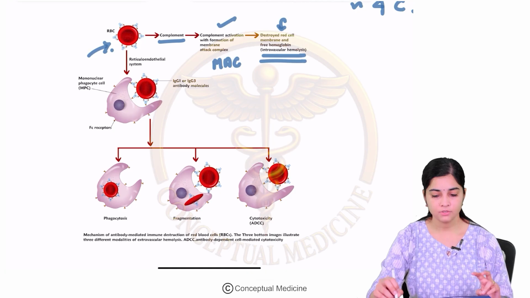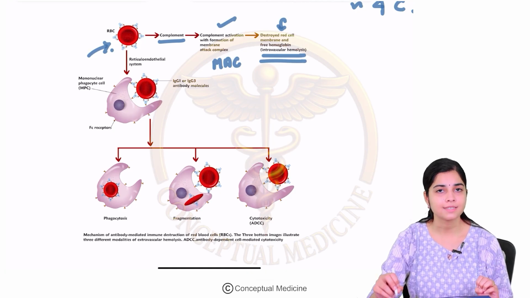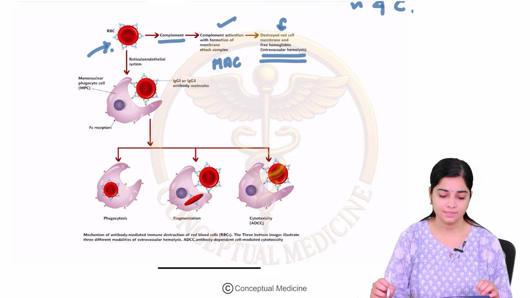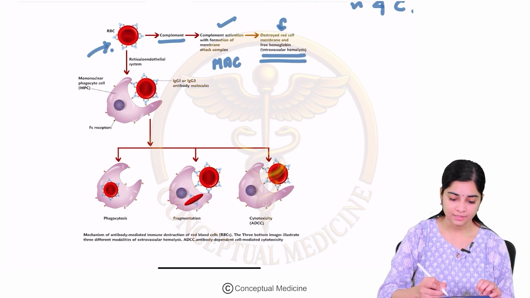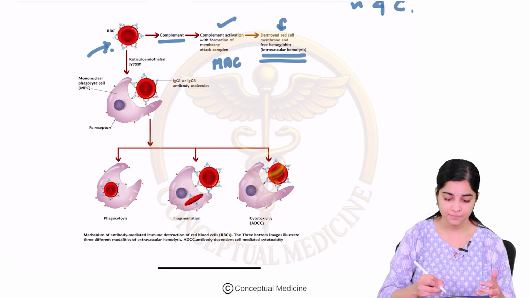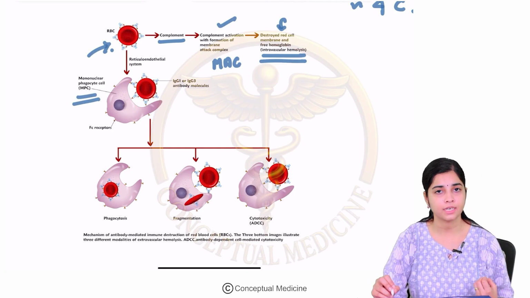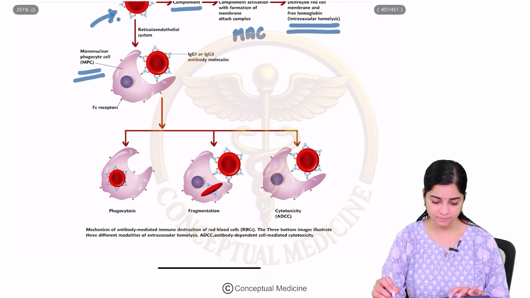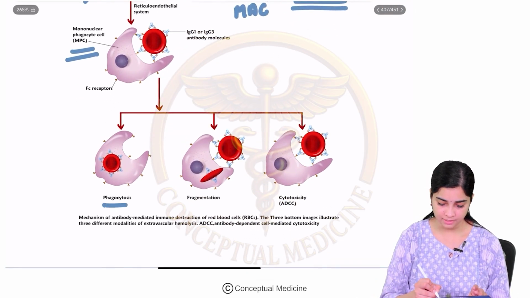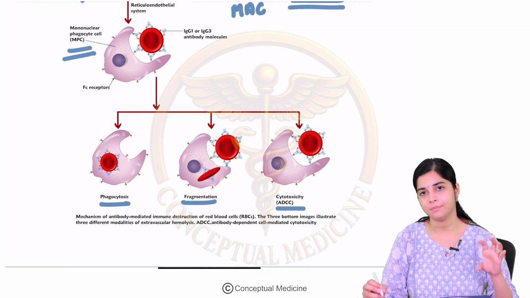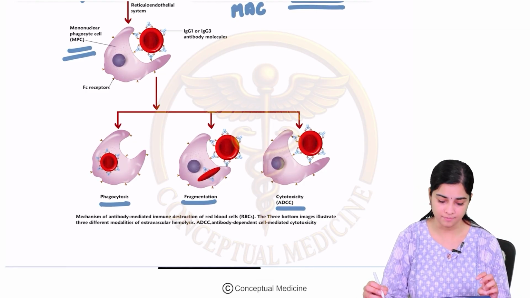This is how intravascular hemolysis happens in autoimmune hemolytic anemia. Also, there is activation of the reticuloendothelial system, and the macrophages and phagocytes phagocytize these antibody-coated RBCs. So there is phagocytosis, there can be fragmentation of the RBCs, and as a result there can also be cytotoxic mediated damage or destruction of the RBCs as well, right.